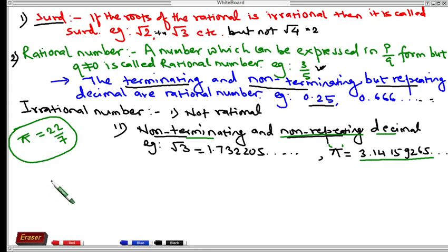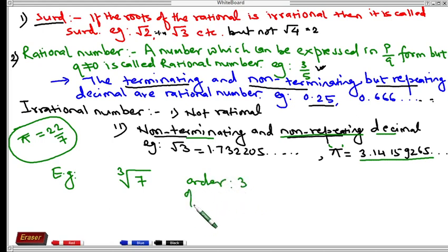Okay, now about the order of a surd. Suppose we take an example of a surd, say cube root 7. In this case, dear student, the order is 3.